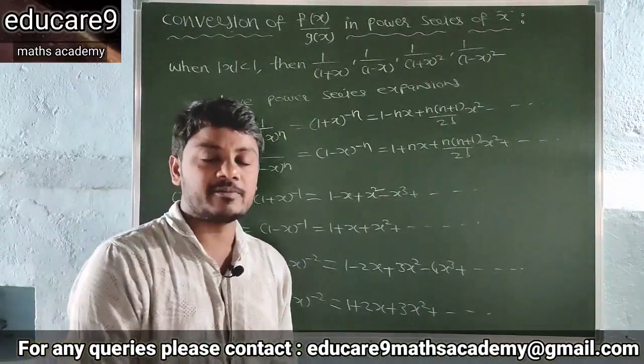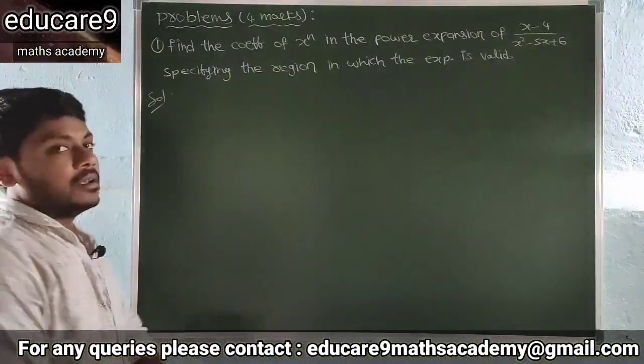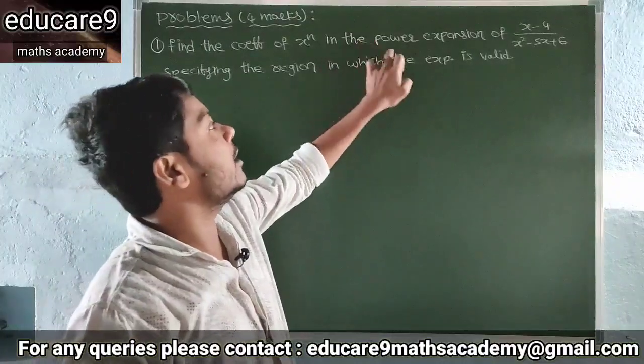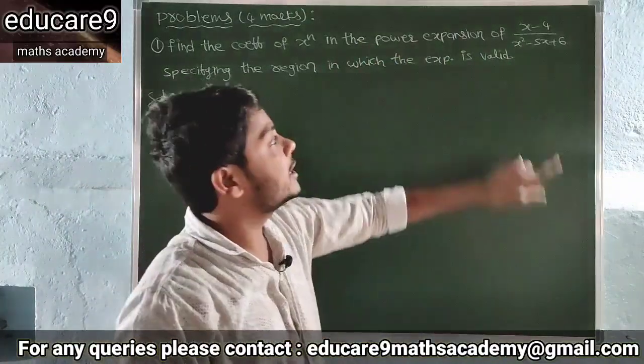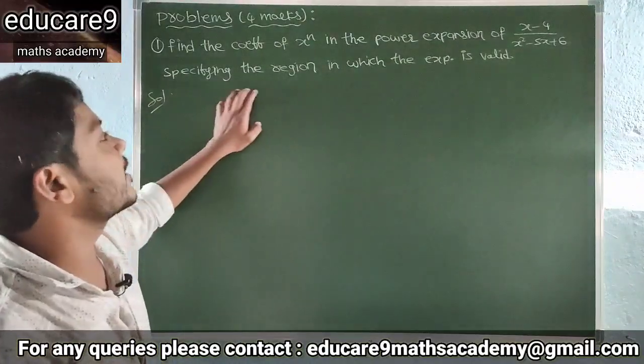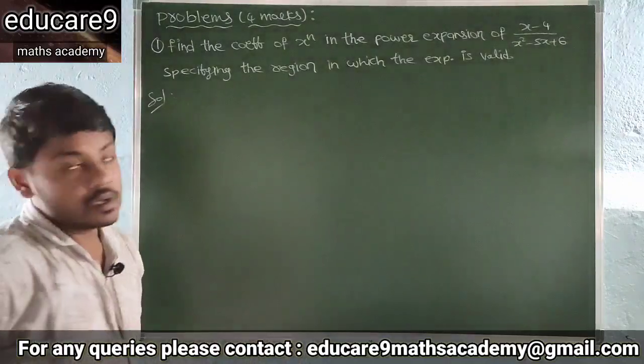Next we will discuss a few problems on these power series expansions. Our first problem: find the coefficient of x power n in the power series expansion of x minus 4 by x square minus 5x plus 6, specifying the region in which the expansion is valid.